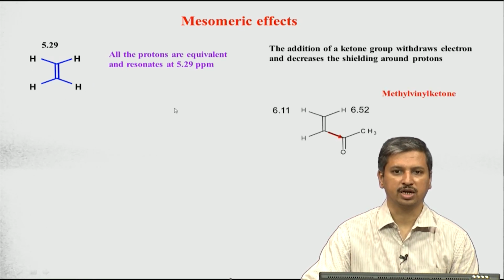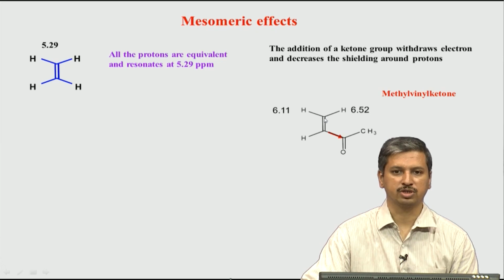So, let us say we add a ketone group to this molecule. This is the original molecule. The values of the hydrogens are all the same, they come at around 5.3 ppm, but when I attach a ketone, which is an electron withdrawing group, electron density is withdrawn towards it, and a positive charge is accumulated here.